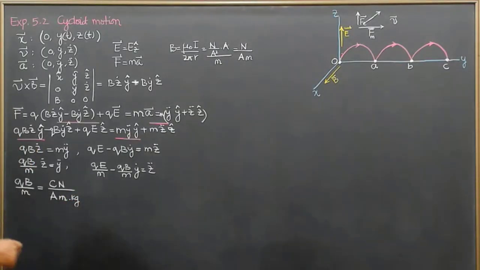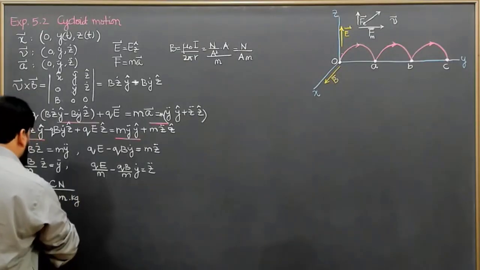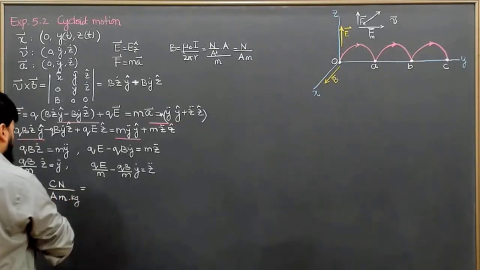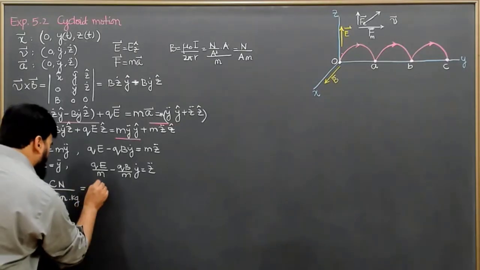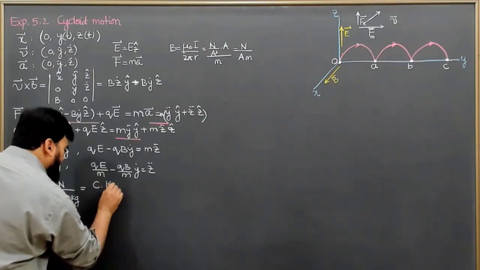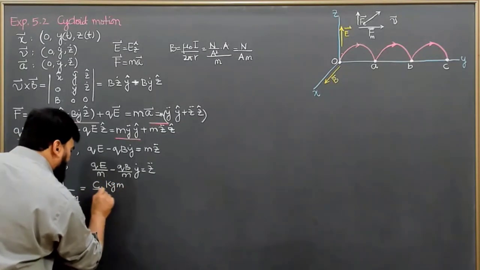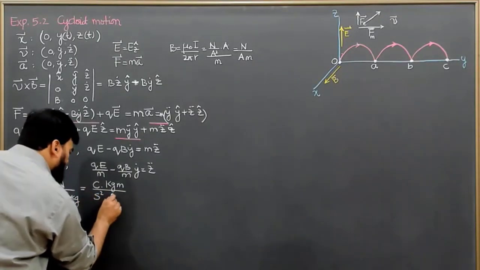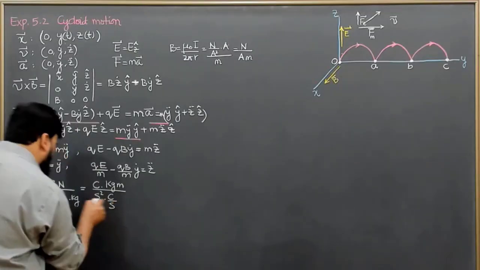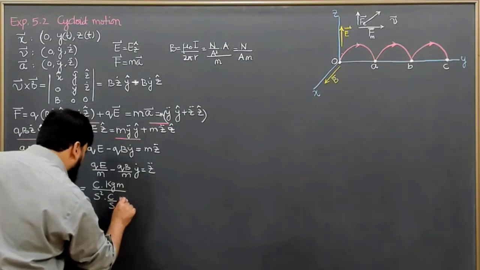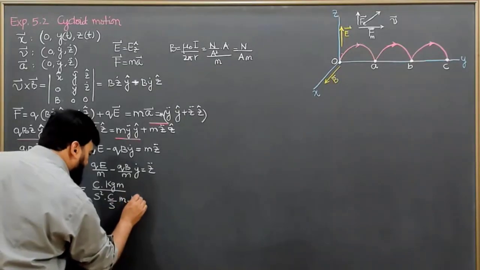So I'm doing the dimensional analysis to see what this comes out to be. Coulomb is coulomb, Newton is kilogram meter per second squared, while ampere is coulomb per second, and then we have kg.